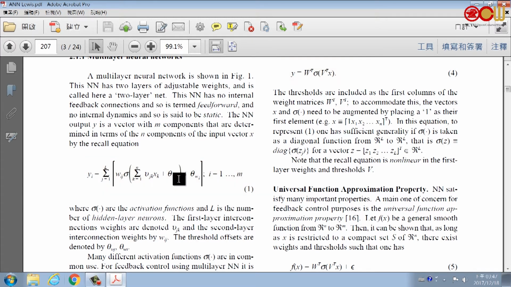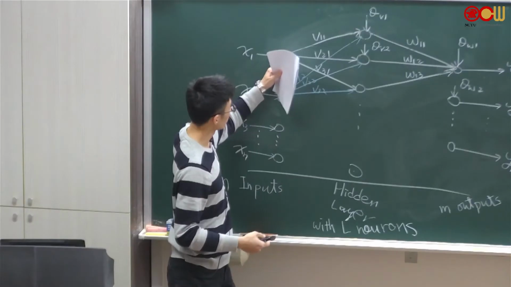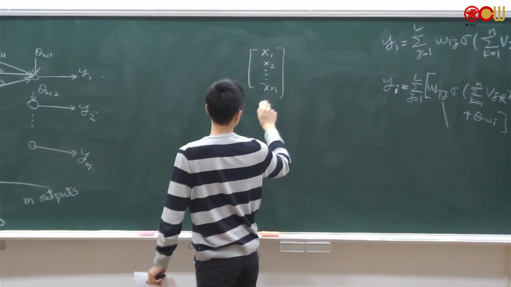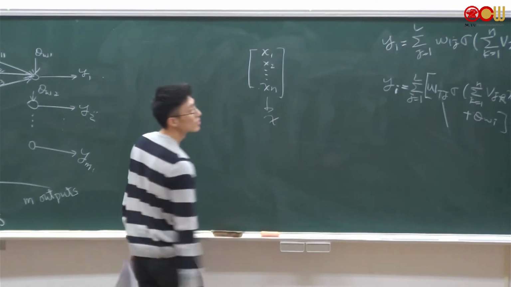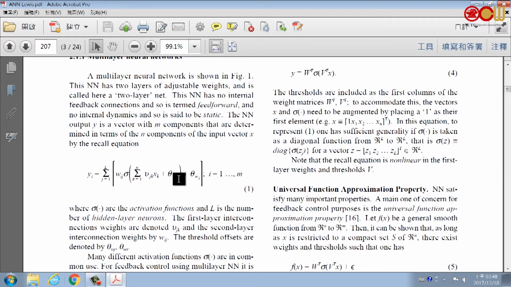You can consider in equation 4, the v is the weighting. Okay, v is a matrix in which every element of v is the link between input layer and hidden layer. This is x, right? X in equation 4, times v transpose.